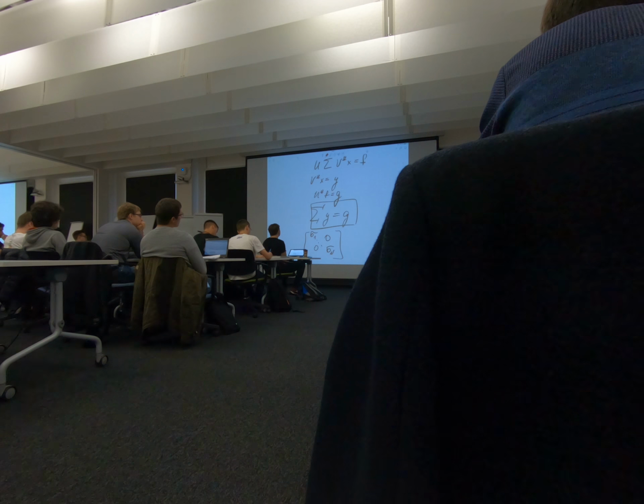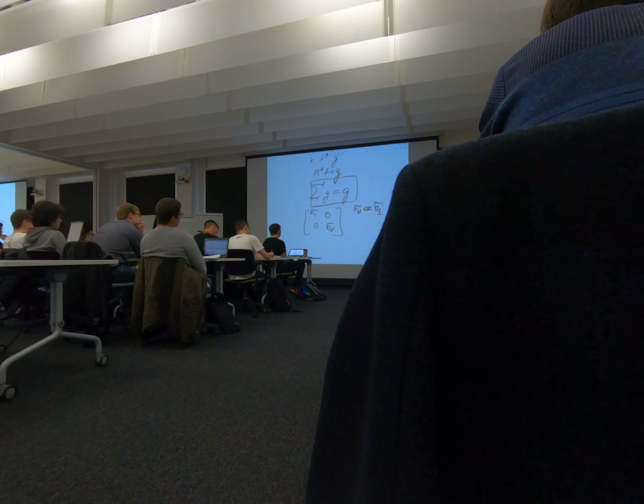A large condition number means that sigma n is much, much smaller than sigma 1. But if the corresponding component in the right-hand side, g, is small, then there is no big effect. You will divide it, and you will not get a large error. And in the residual, you will multiply again by the small singular value.